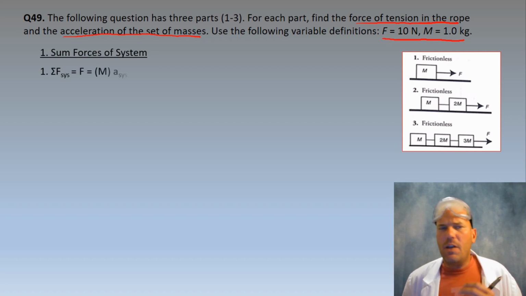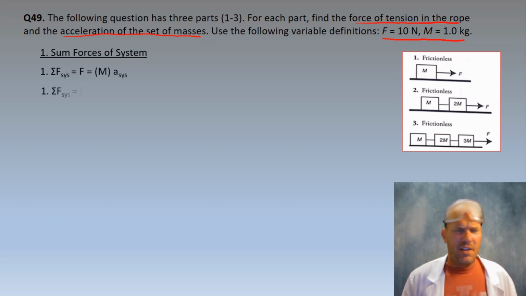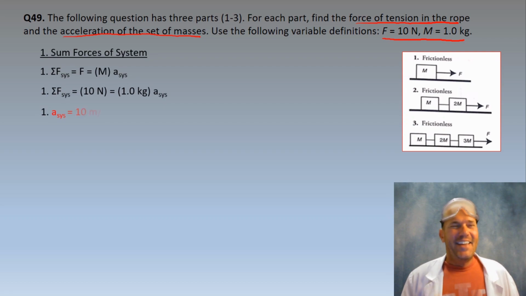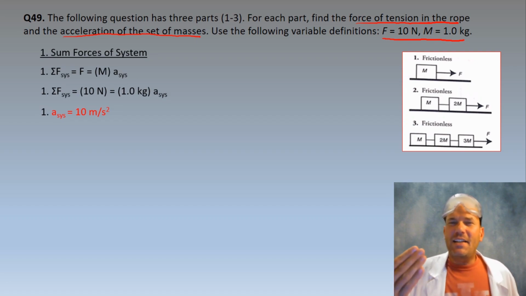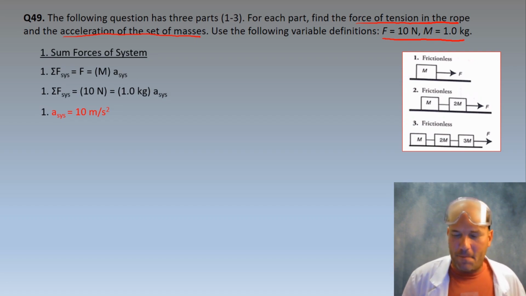Okay, so for part 1 here, summing the forces, the system, a pretty simple system, is this one object, which has a force to the right, and that is equal to the mass of this object, capital M, times the acceleration. Our system is very simple here in scenario number 1, and so the acceleration is 10 meters per second per second, caused by a force of 10 newtons acting on an object of mass 1 kilogram.